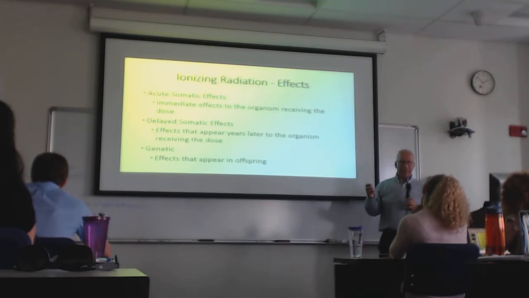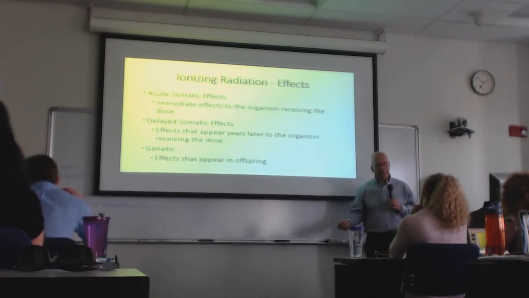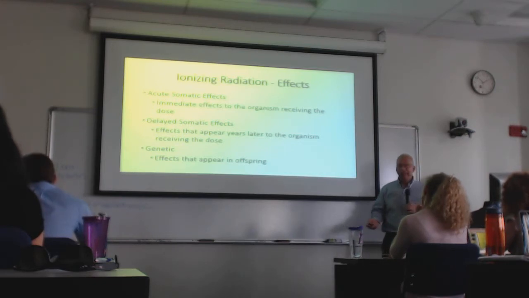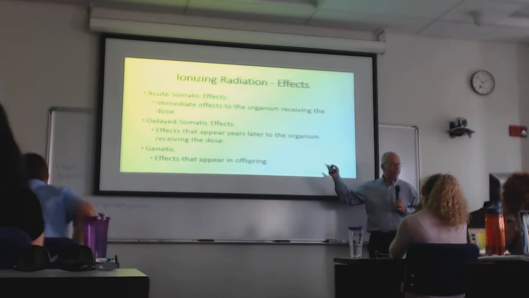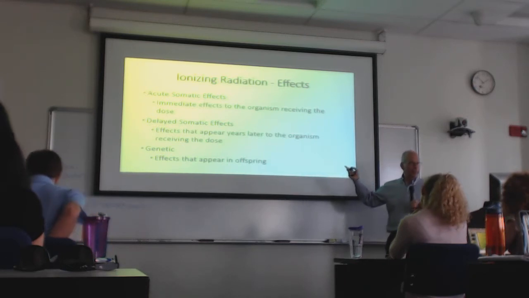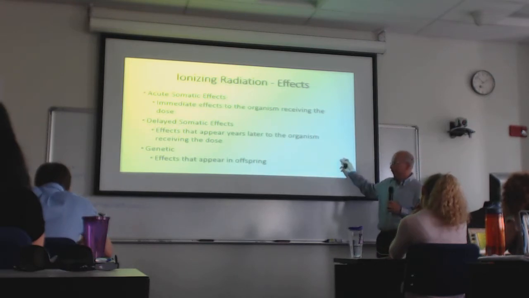They didn't die from the blast. They didn't die from the immediate humongous radiation dose that they got. But they're the people that might be getting leukemia 3 or 4 years down the road, or a solid organ tumor 10 years down the road from the ionizing radiation.